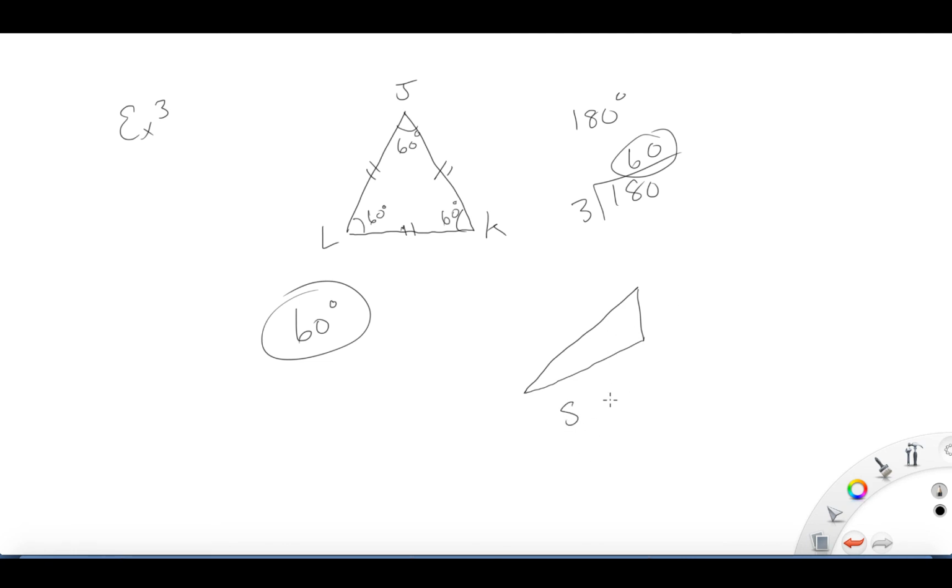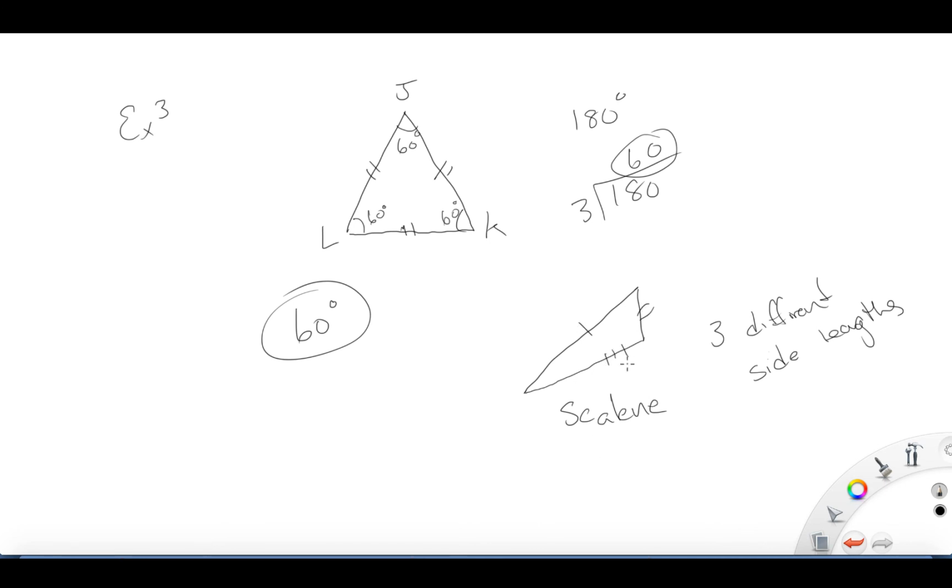It's obtuse, but it's scalene. S-C-A-L-E-N-E. It means it has 3 different side lengths. None of these are the same.